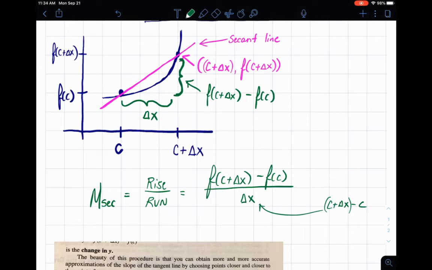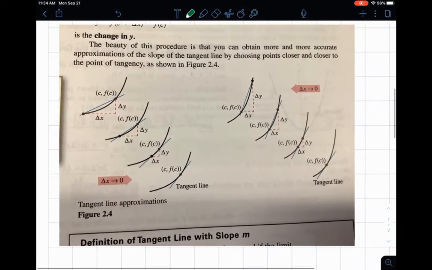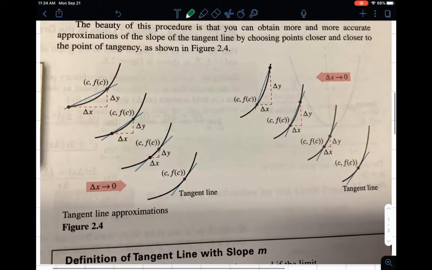Okay, so what we have here is actually going to end up being the definition of a tangent line that we're going to use. Okay, and to make it the definition of a tangent line, what's the difference between a secant line and a tangent line? Okay, so a tangent we're going to want to only cross at one point. Okay, and so if we look at this kind of diagram, this will help us visualize this. Okay, so over here is kind of the situation that we have.